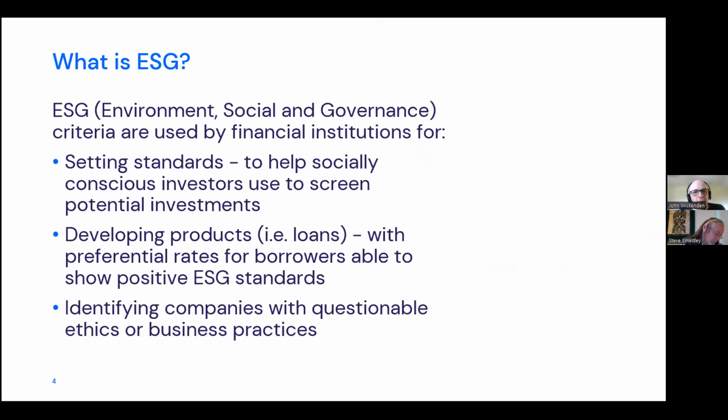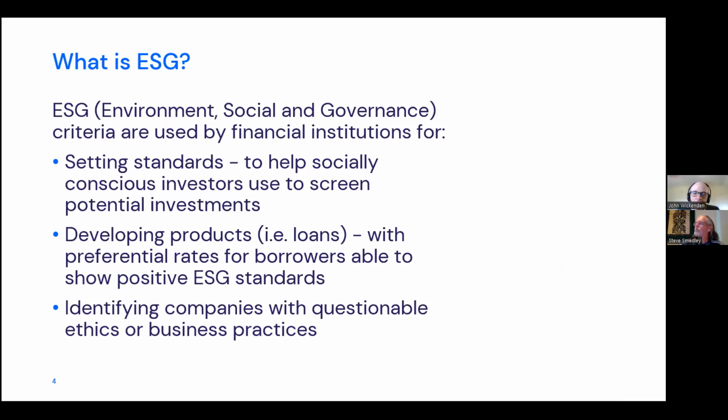So the starting point for this is that ESG criteria have been devised by financial institutions. The whole point of it is that a financial institution, bank, lender, or funding organization can assess whether somebody applying for a loan, in the simplest possible terms, has socially conscious ways of doing things, and whether they are doing the right things for the environment, contributing to society and making sure that they're properly governed.